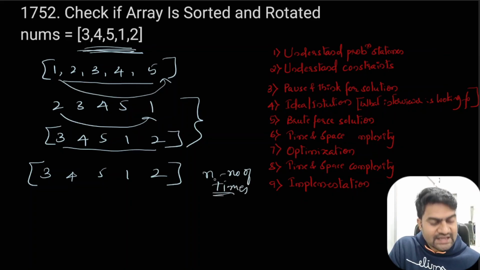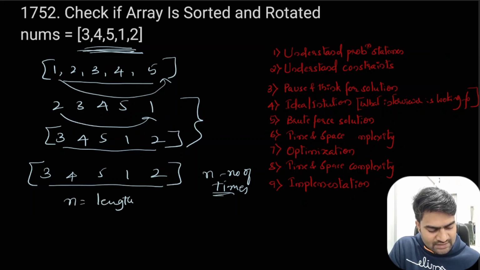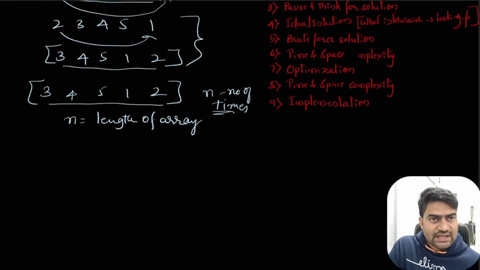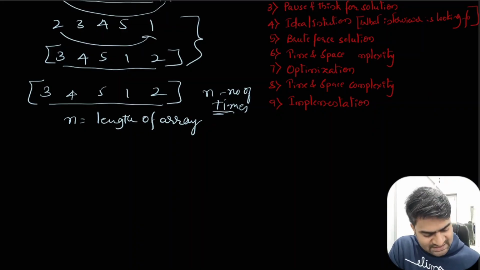What exactly is n here? N is basically the length of the array. Okay, so now if we rotate it n number of times, in any one rotation, we will get a proper sorted array. So we can see that here.